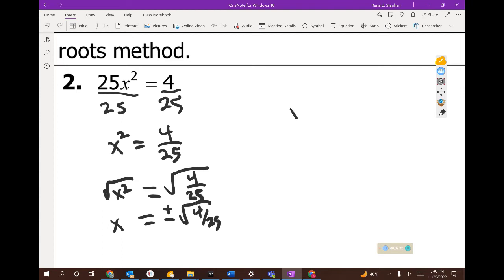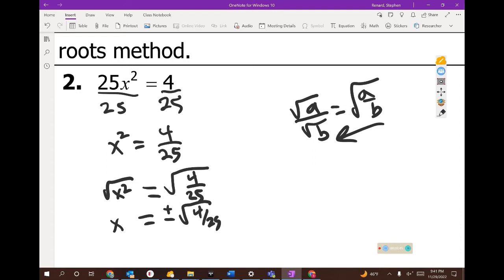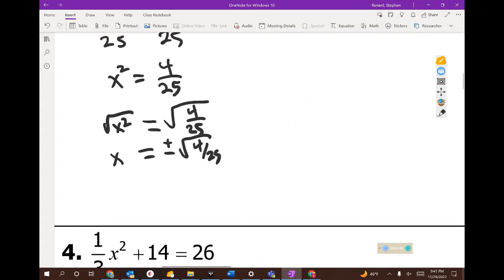Remember, I said that the square root of a, or maybe it was x, I don't remember, equals the square root of a over b, and it also works this way. So what we're going to do is take the square root of 4 over 25, and we're going to make it, hey, the square root of 4 over the square root of 25.